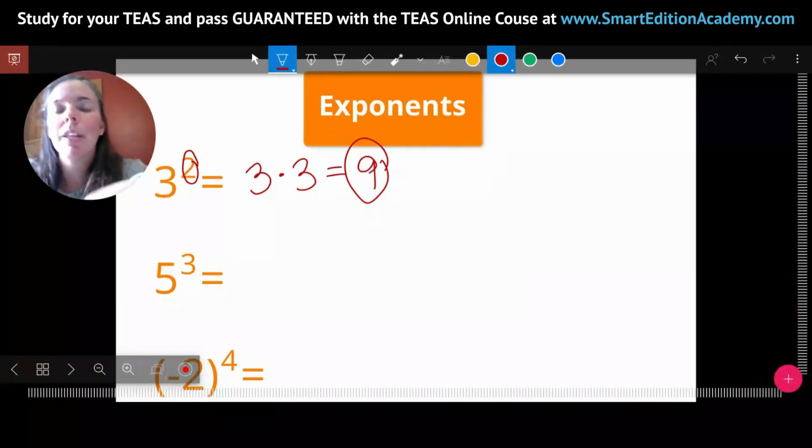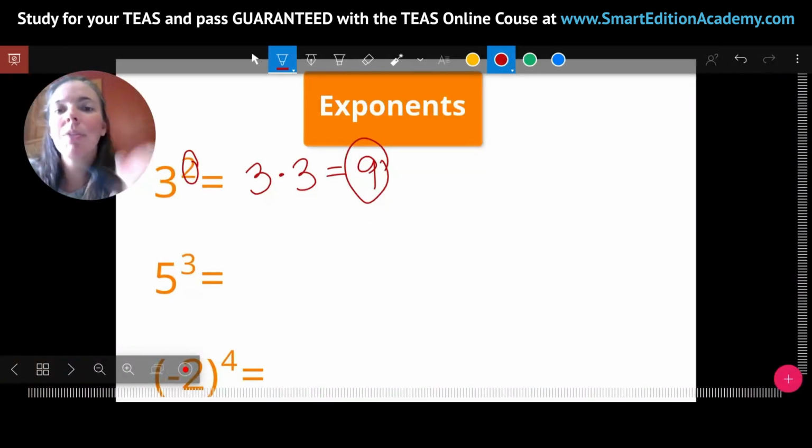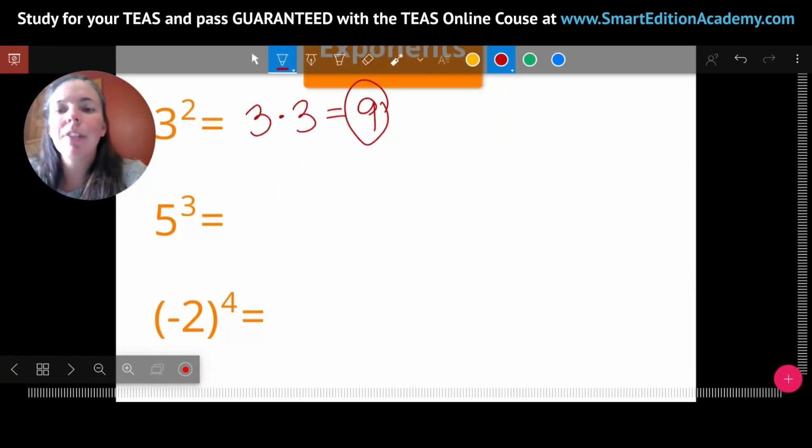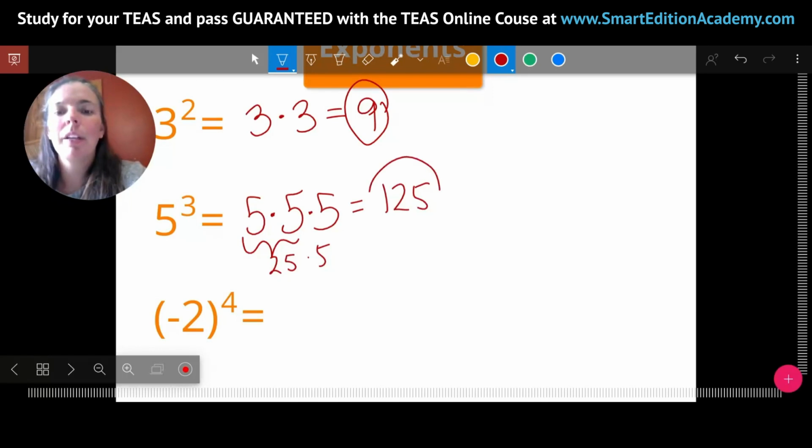We have to just make sure that when we're seeing exponents, we're thinking about multiplying the base times itself. So 5 to the third means the base of 5 is multiplied times itself 3 times. Okay, so 5 times 5 is 25. Times 5 again would give me 125. Okay, not the same thing as 5 times 3, right?